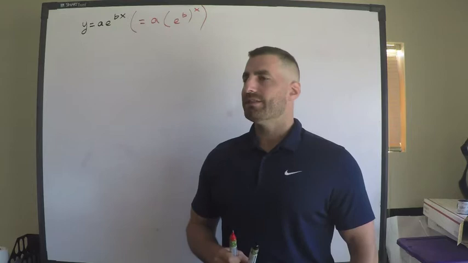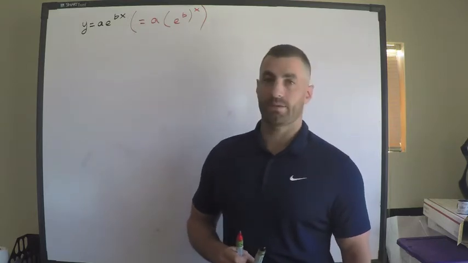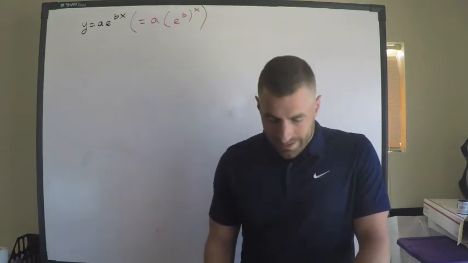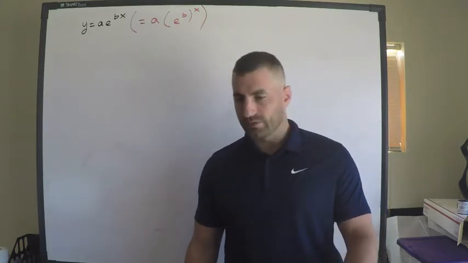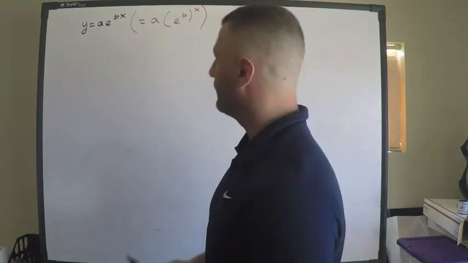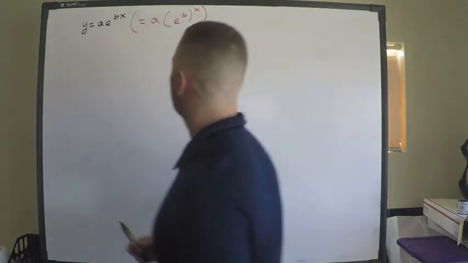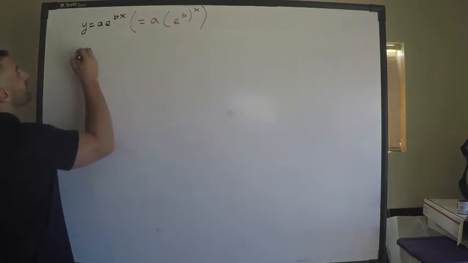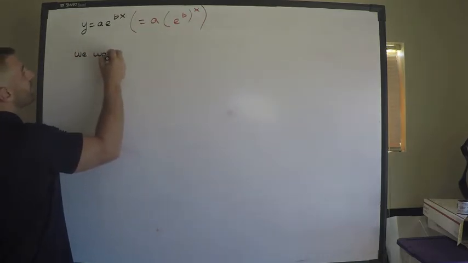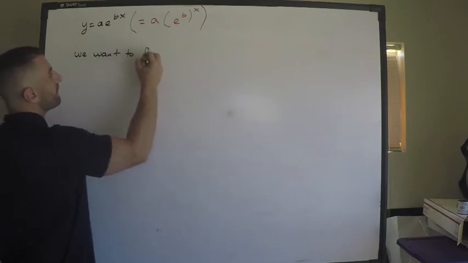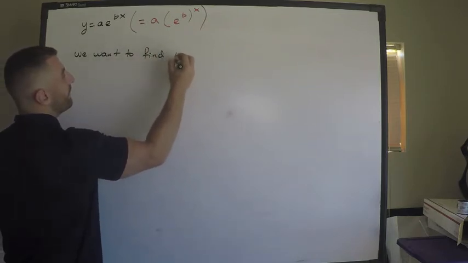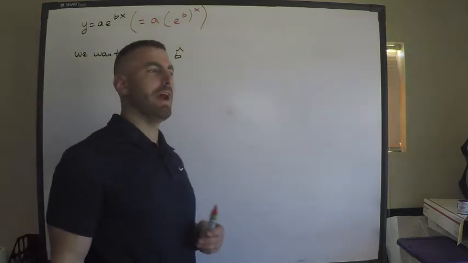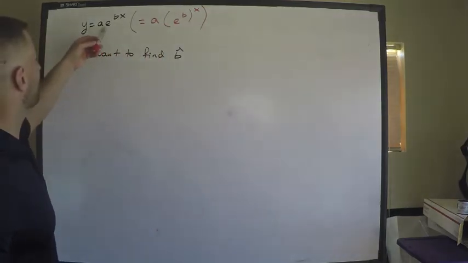So let's write this a different way. Here's my exponential function. We're going to have to take some derivatives, so let me write it another way. We want to find B, and typically this is given with a little hat over it to distinguish it from the actual B in this exponential curve here.